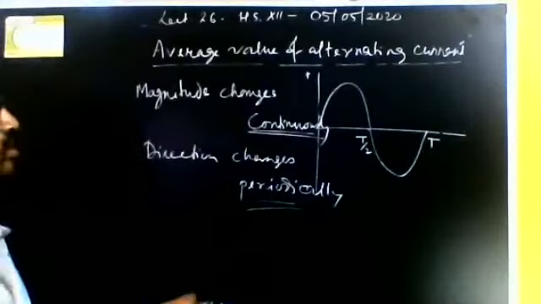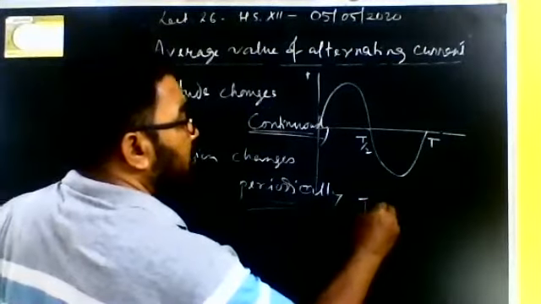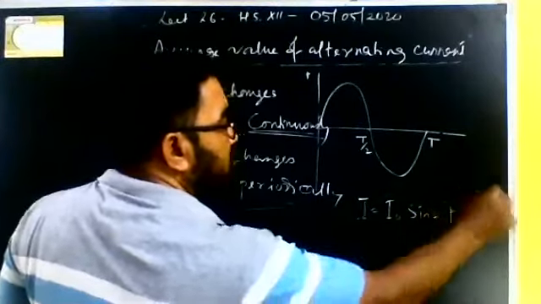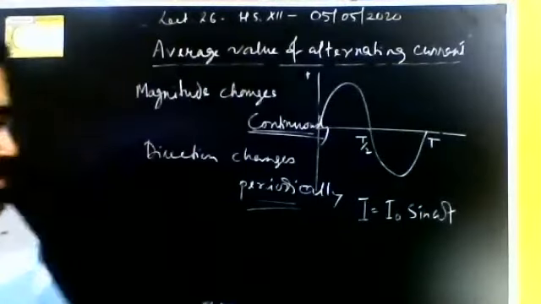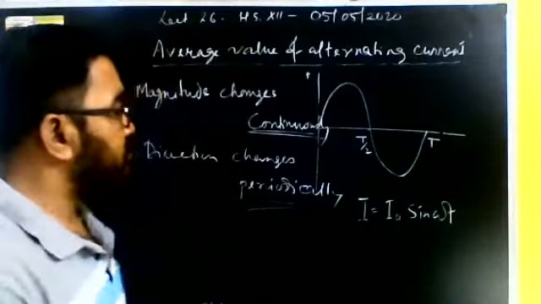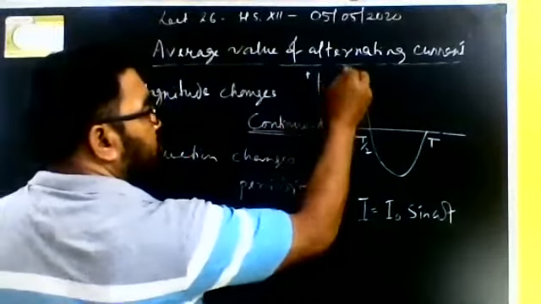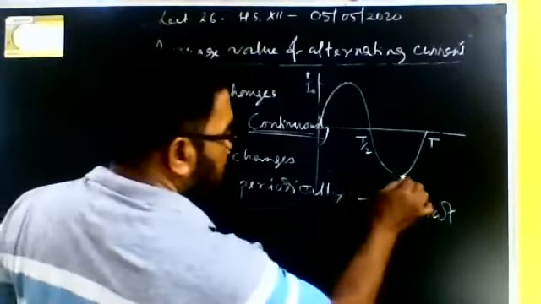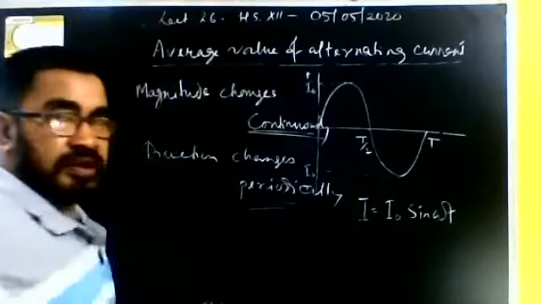As you know, alternating current is given by I naught sine omega t. This is sinusoidal. I naught is the peak value in the positive direction, and in the negative direction, again, I naught is the peak value.